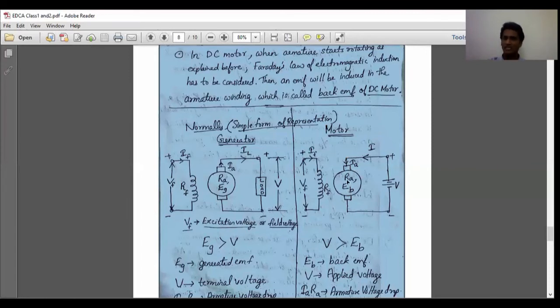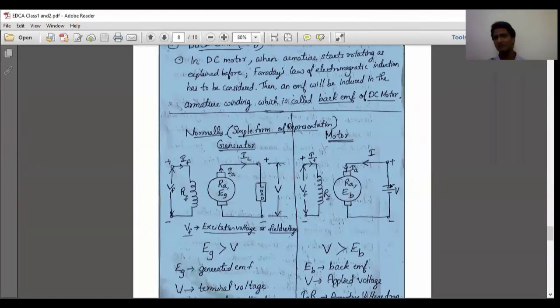Here also there will be an armature resistance called RA, and as I said before, in a DC motor there is an EMF called back EMF, that is EB, formed in the armature windings. Here we must understand one thing: V is the applied voltage. Which voltage is formed first? V. Only then EB is formed. So always keep in mind what is generated first, or what is made first, that will be higher. In this case, V is higher than EB.